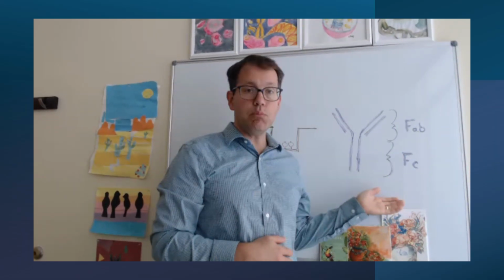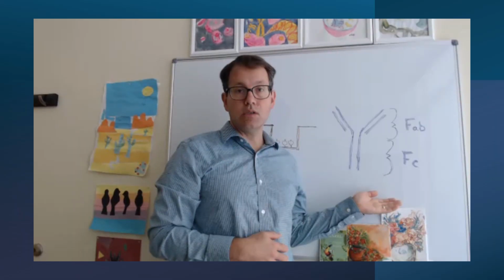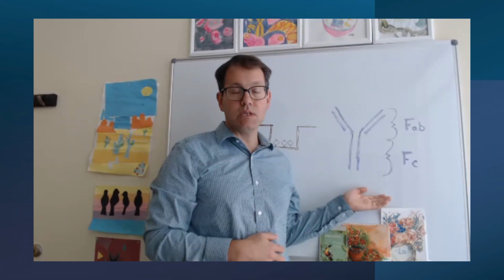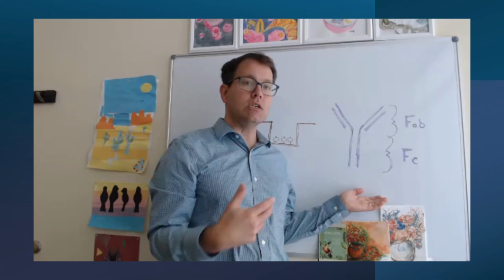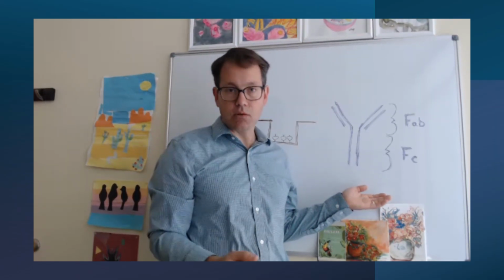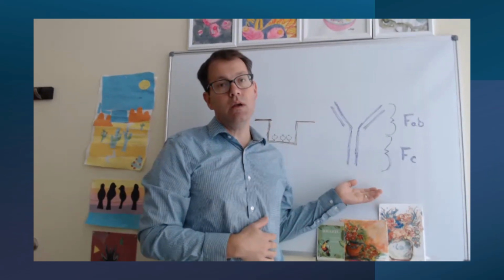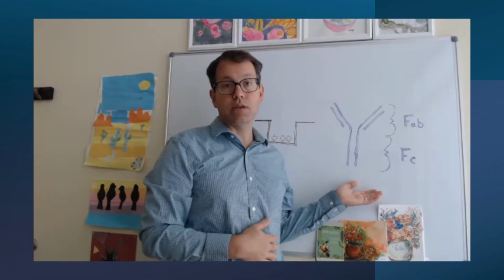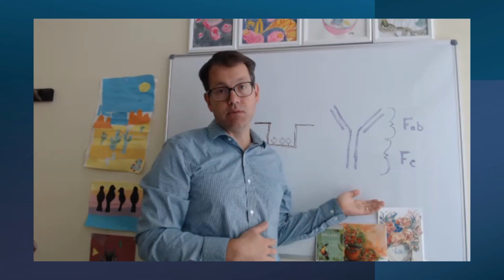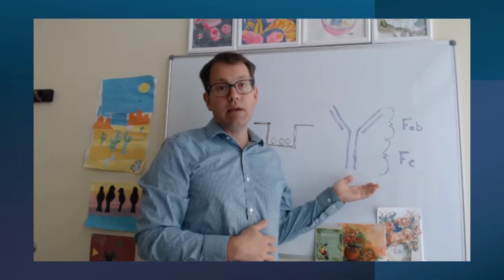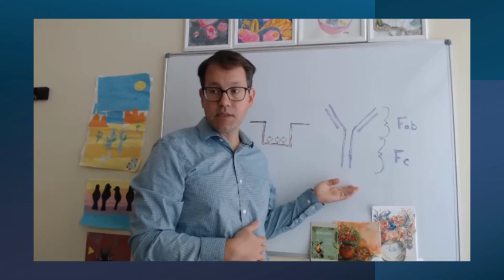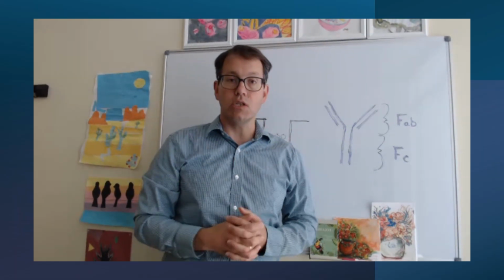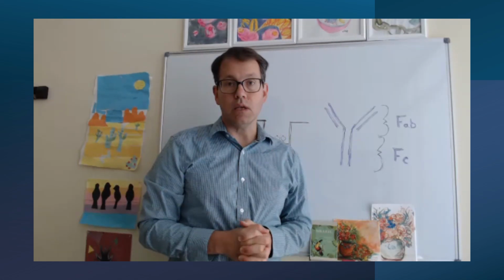The FC portion relates to the tail, which helps us determine if this is an IgG, an IgA, an IgM, etc. This is where many things will attach, such as complement or FC receptors. Rheumatoid factor specifically binds to the FC portion of human IgG. That's what makes it unique.